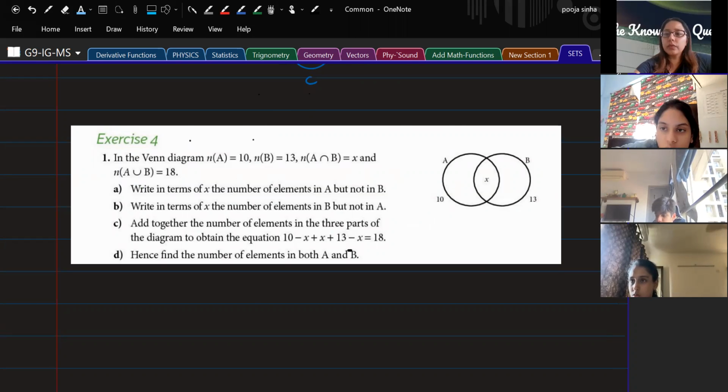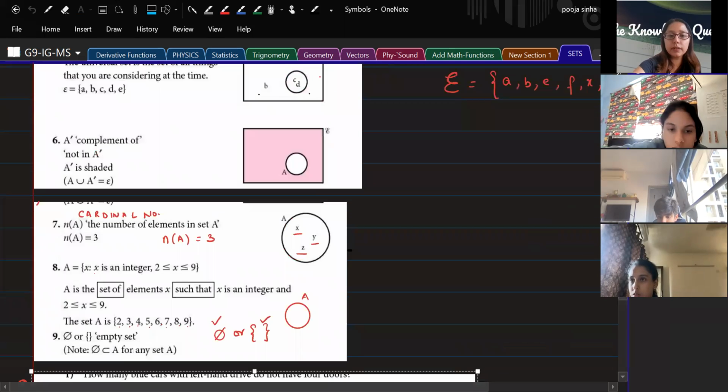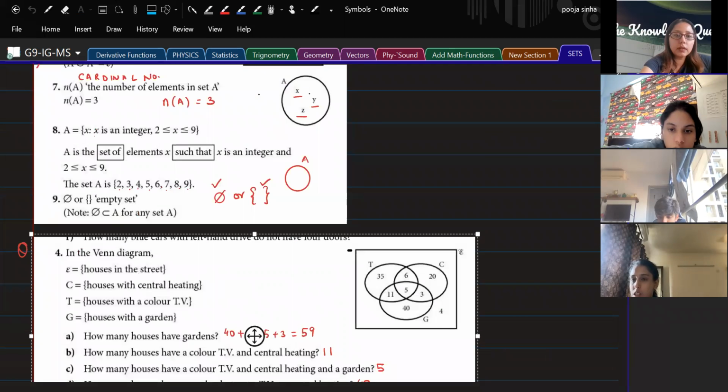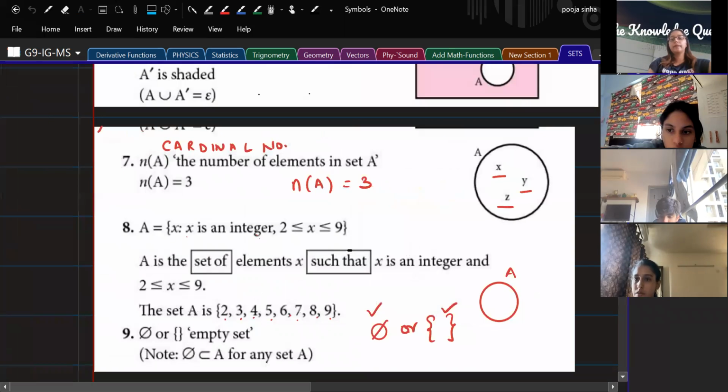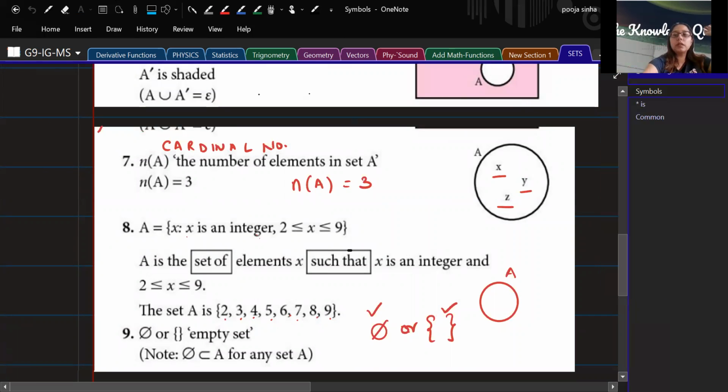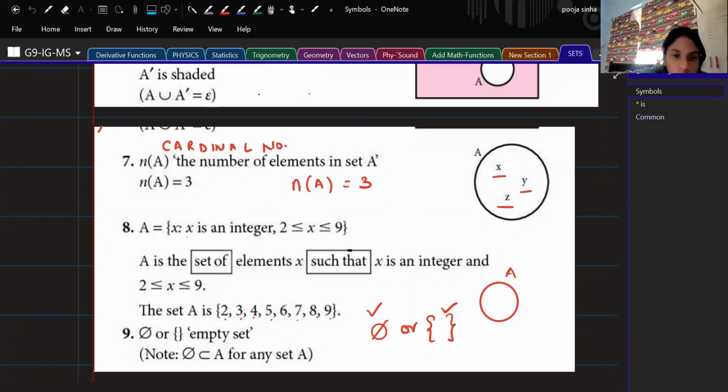Is it number of elements? The number of elements. Look at the 7th point. Kyra, look at the 7th point. What is cardinal number? The number of elements in set A.